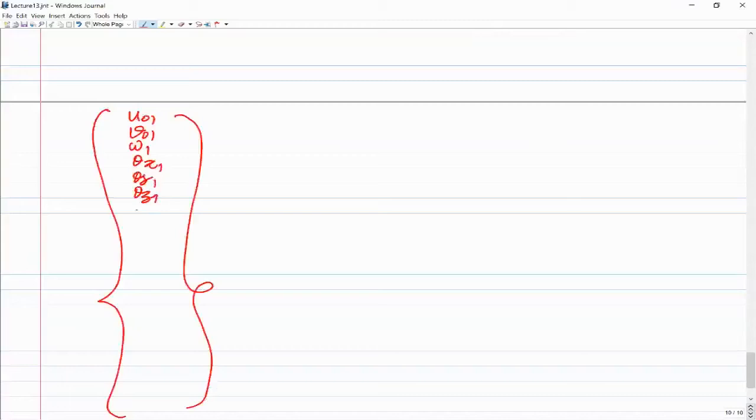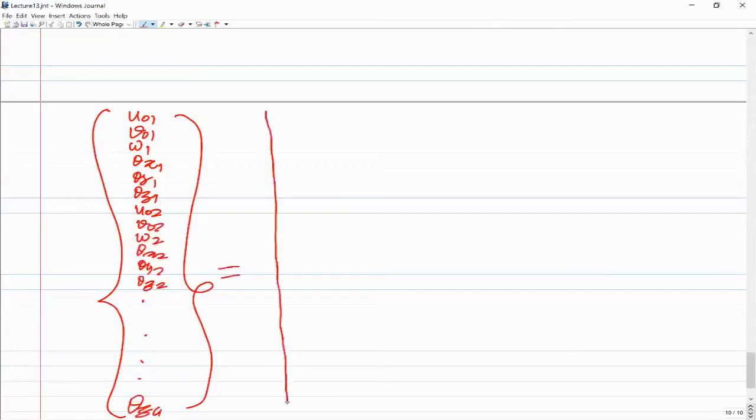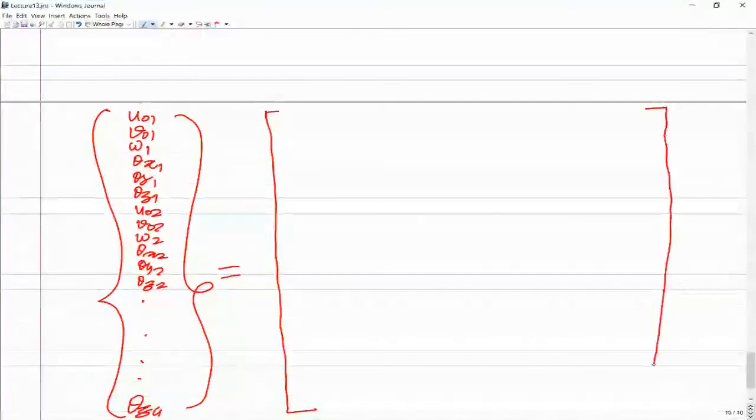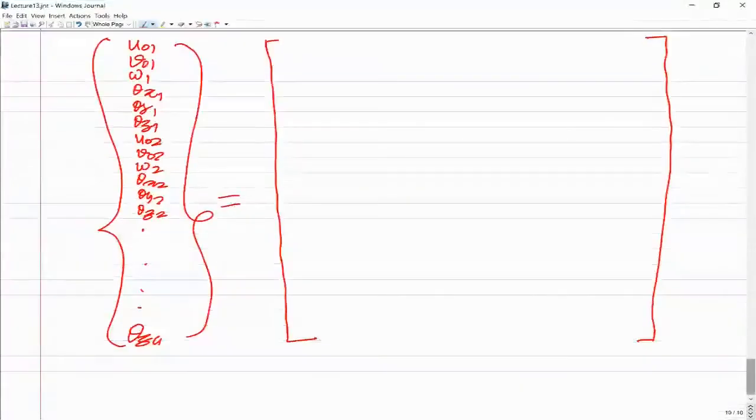Similarly for other nodes, you will have u02, v02, w2, theta x2, theta y2, theta z2 and so on. Lastly, for the last node, the fourth node, theta z4 would be the last element. In between we are going to put a full transformation matrix. So there is a full transformation matrix over here, and then you have here the global degrees of freedom.